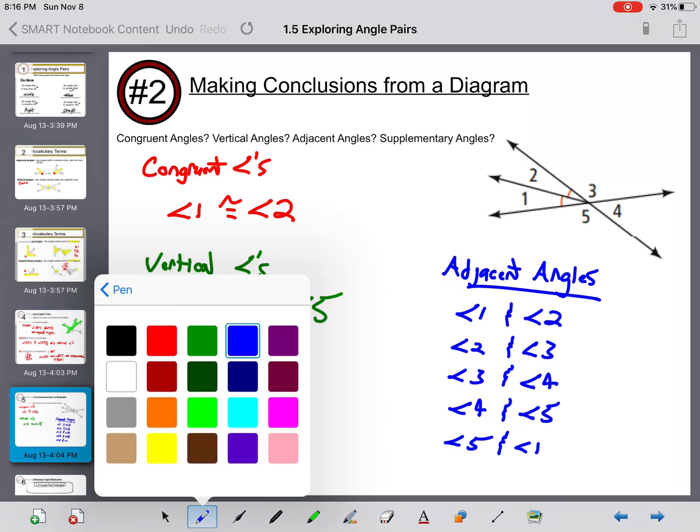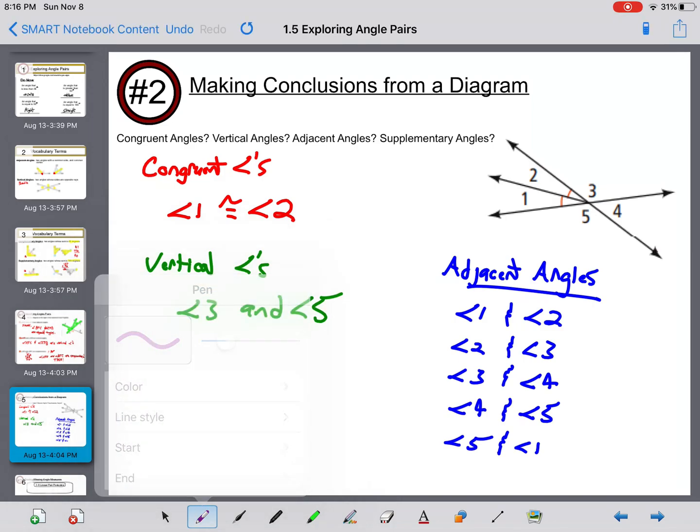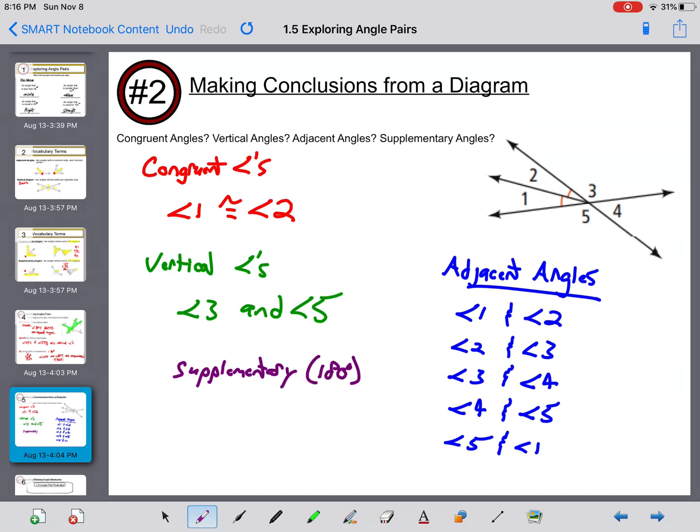Okay, last is supplementary. So I have our correct definition this time. Supplementary, meaning two angles that add up to 180 degrees. Well, remember, this 180 degrees is a straight line. So if we take a look, I see that angle 3 and angle 4 create a straight line.